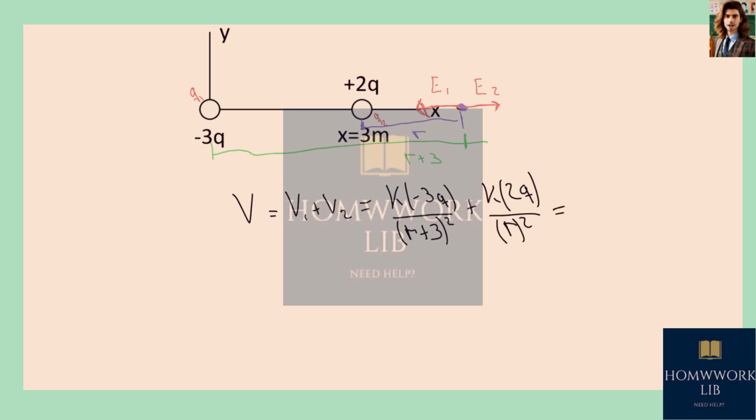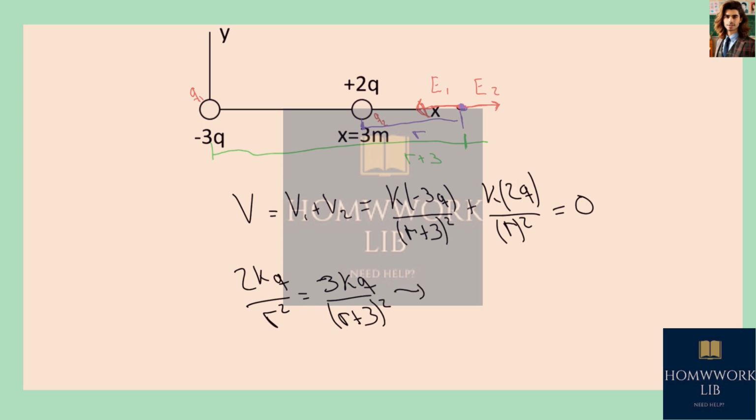The potential needs to be equal to 0, so we can equate these, and we're going to get 2kq over r squared equal to 3kq over (r plus 3) squared.